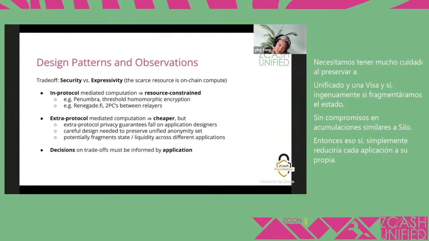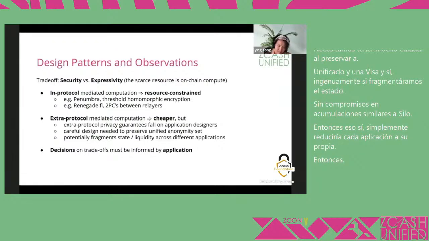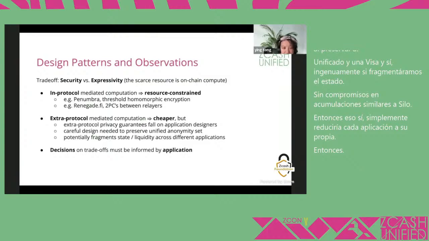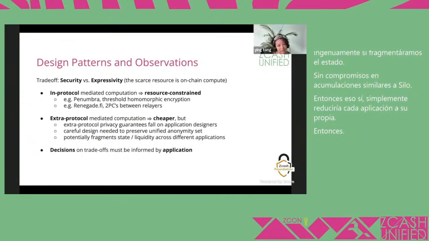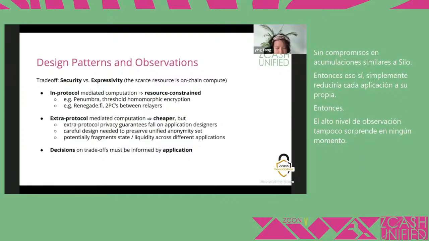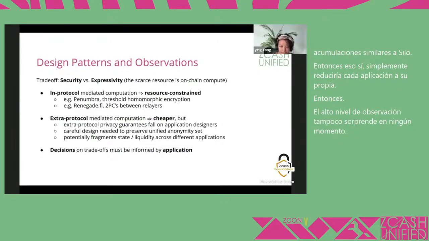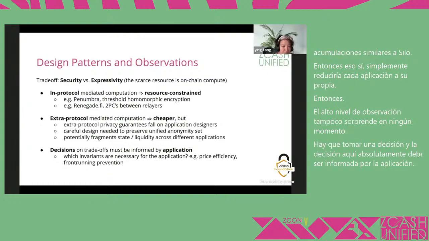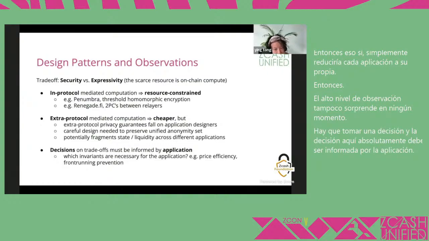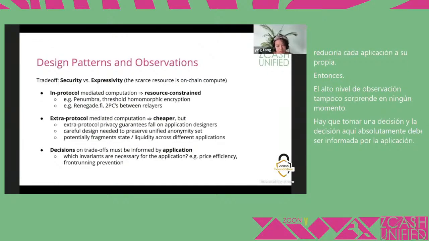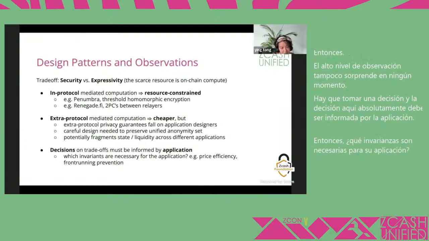So the high level observation is also not surprising. Whenever there's a trade-off, a decision must be made, and the decision here absolutely must be informed by the application. So which invariants are necessary for your application? In an order book, we want, for example, price efficiency.